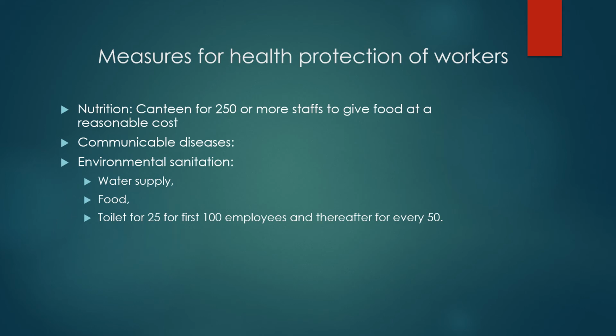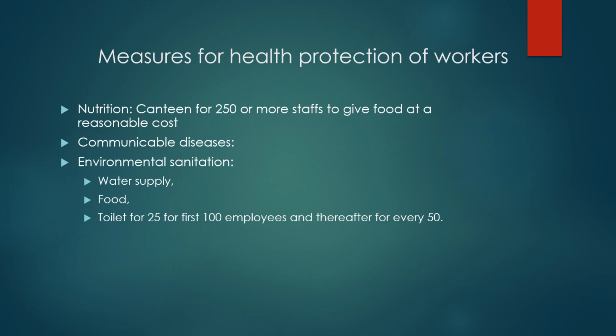Then environmental sanitation plays a very important role. All the workers should be provided a good water supply for safe drinking water, both in the working area and where they stay, or near their house. Food is most important and should be sold in a sanitary manner. They should not be allowed to eat outside, where food is sold at a low price or on the roadside.